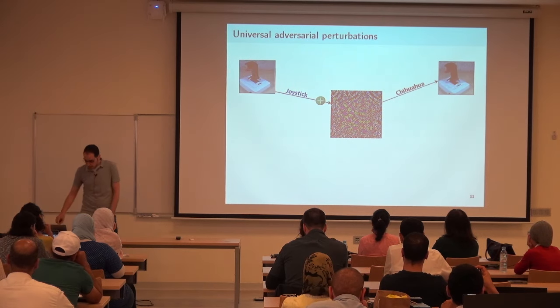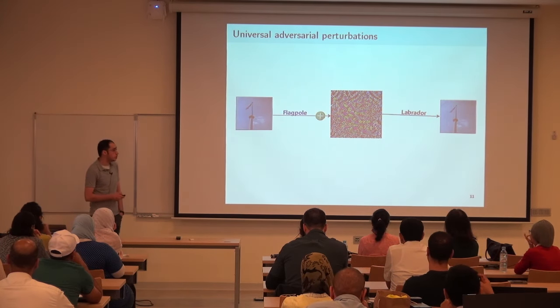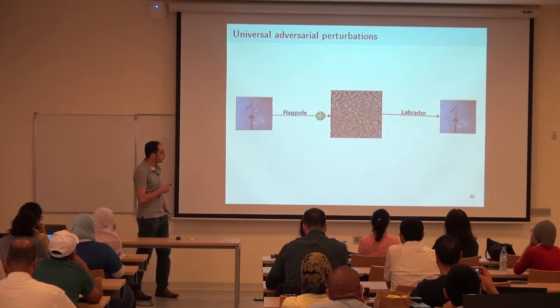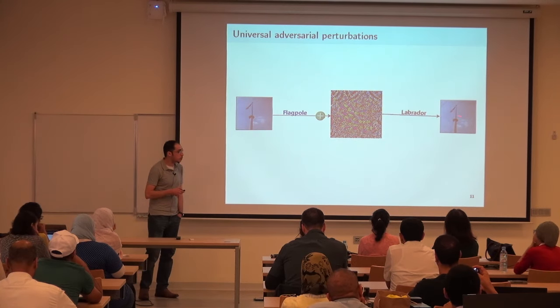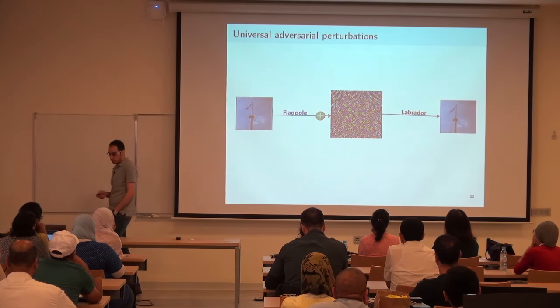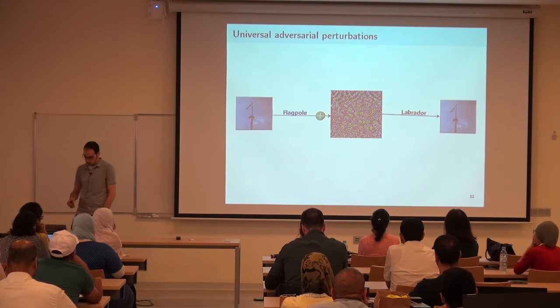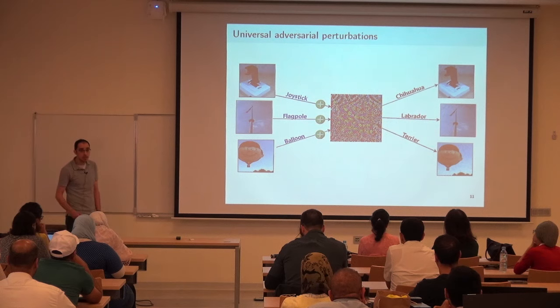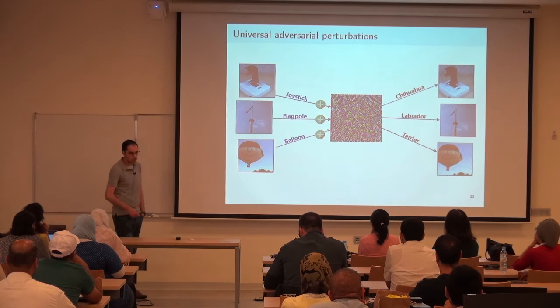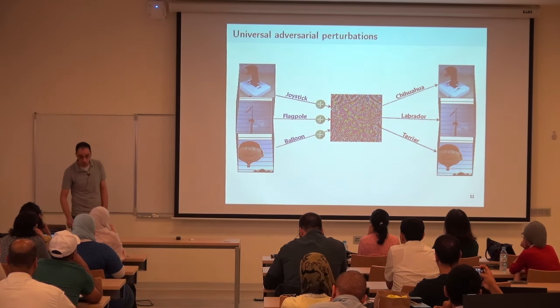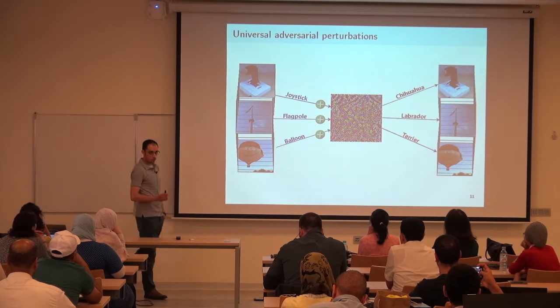You add this same universal perturbation to an image of a flagpole, and it is again visually very similar to the original image, yet again something completely different. Then you add it to a balloon, and again it's completely different. And this is not specific to these three images. It works for most images that you actually take with your cell phone.